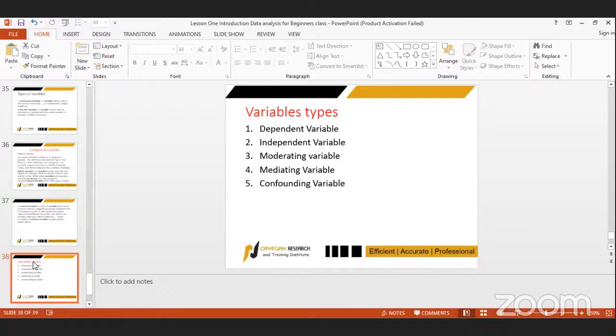So it's very important for you to understand the variables, because remember, when you have a mediating variable in your study, especially for those doing advanced statistics, you must be able to test the statistical significance of the effect of the mediating variable, and also the confounding variable.